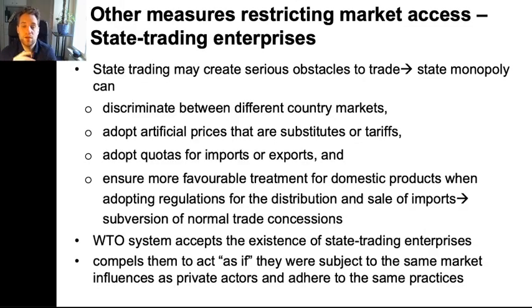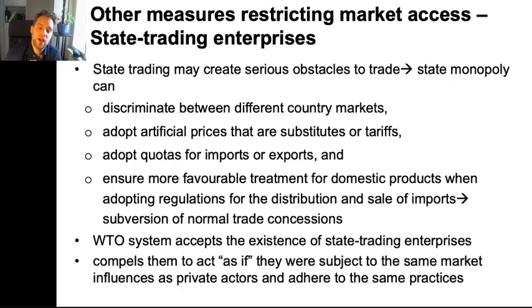Why? Because they may themselves constitute a serious obstacle to trade. State monopolies, for example, could discriminate between different country markets. Therefore, most favored nation is relevant not only for the state as such, but also for actors that are close to a state or owned by a state.